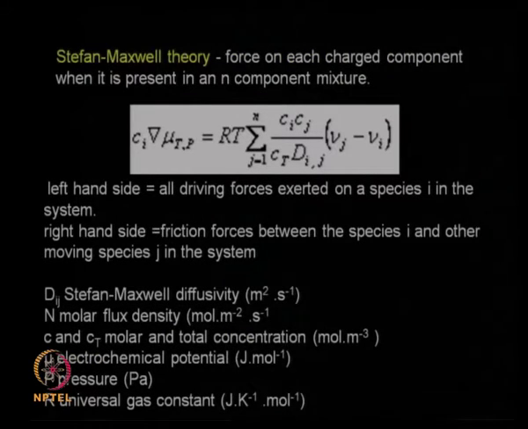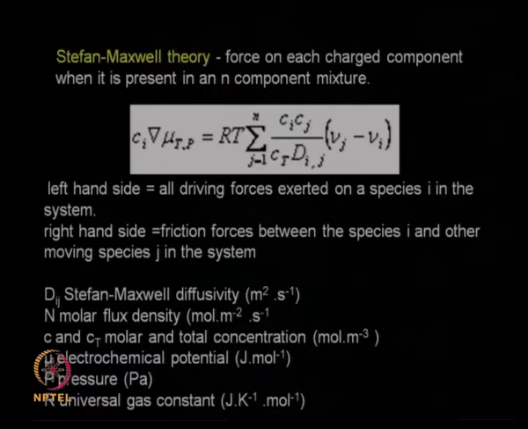There is another equation which also gives you a flavor of the process that is taking place, that is called the Stefan-Maxwell theory. So that gives you a force on each charged component when it is present in an n component mixture. It is a summation, because when you have an n component mixture each component will experience a force because of another component, that is why you have summation here, we have Ci, Cj, where j will be running from 1 to n, small n, where small n is the number of components.